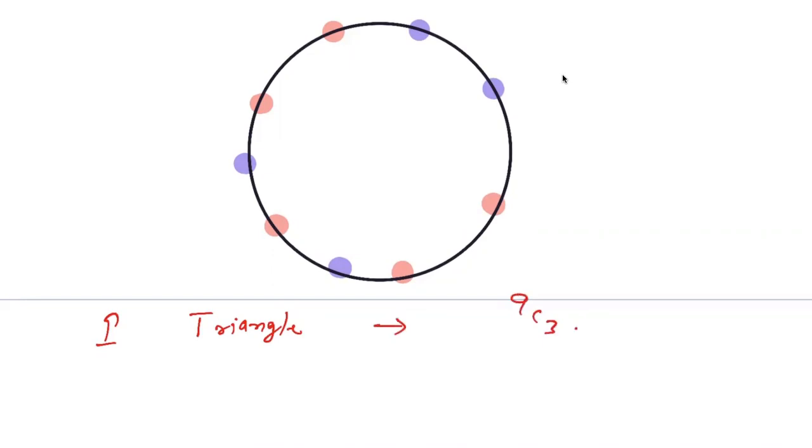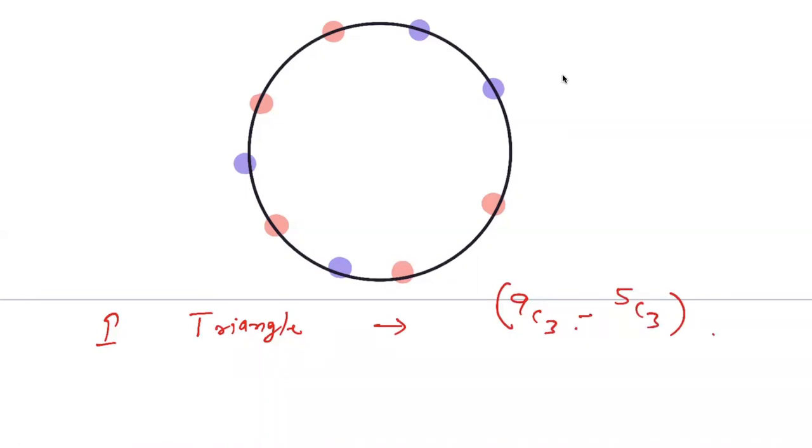But in these 9C3, there are cases where we are taking all the points as red, all 3 from the 5 red points. If I'm making triangles from the 5 red points, obviously we can't take that. So we have to subtract there, right?